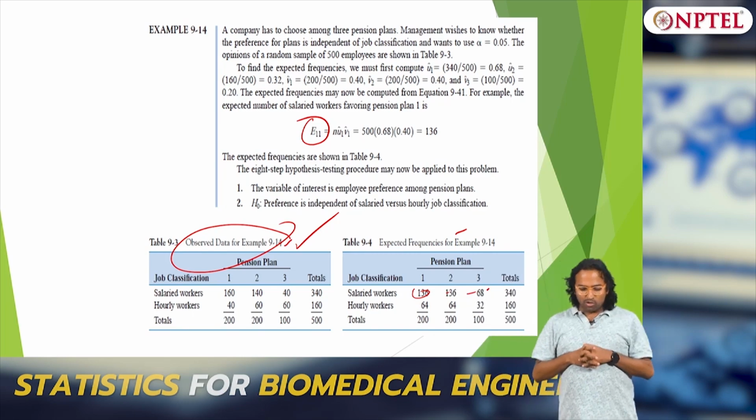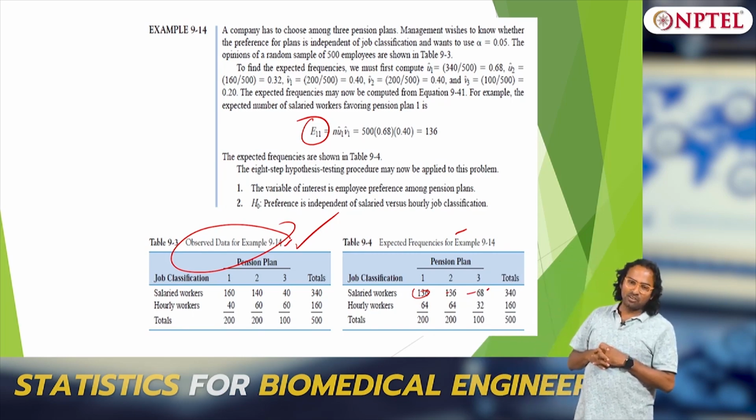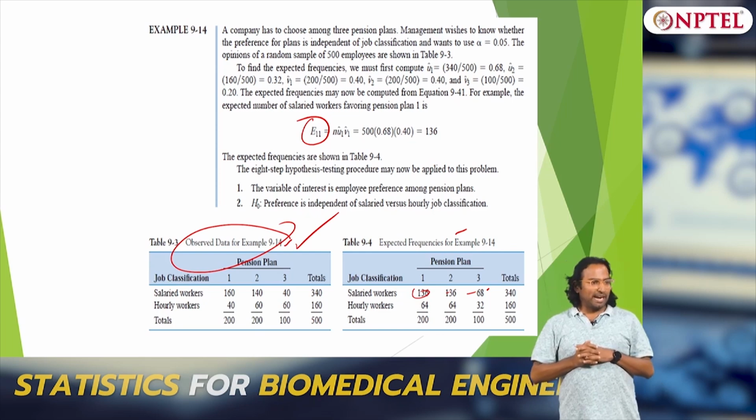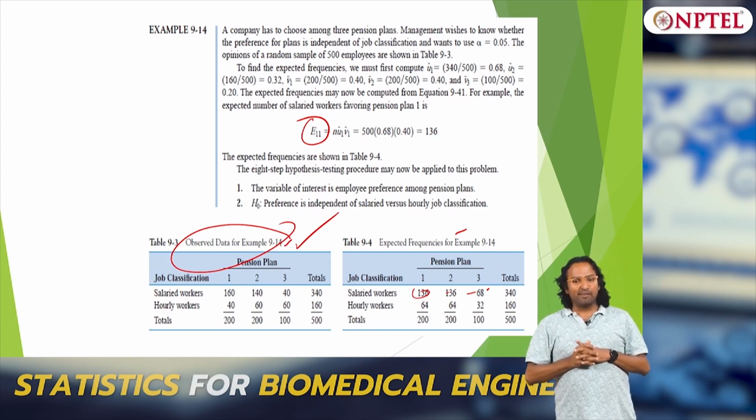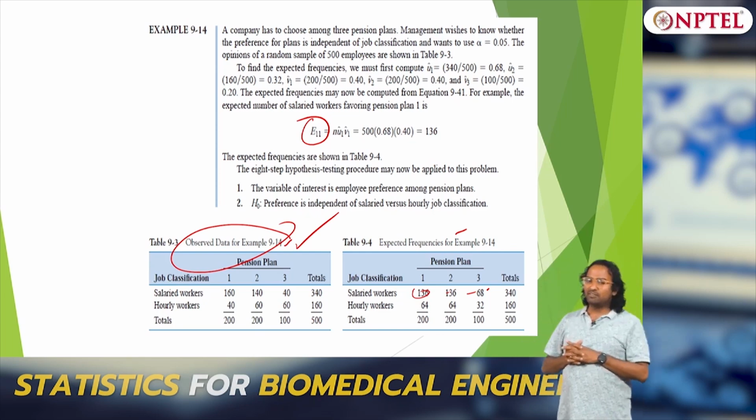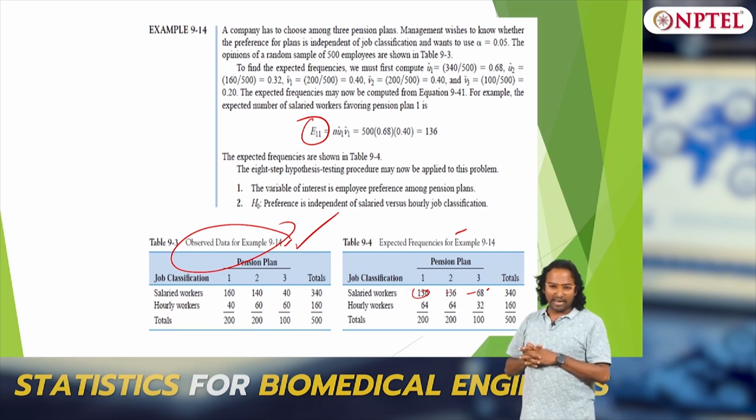So we have to compute u1 hat, u2 hat, u3 hat, and similarly v1 hat, v2 hat, v3 hat, right.